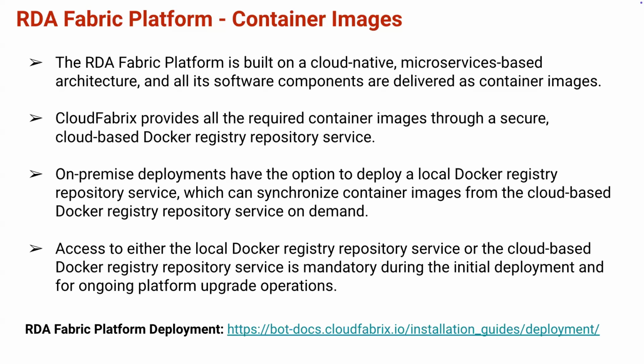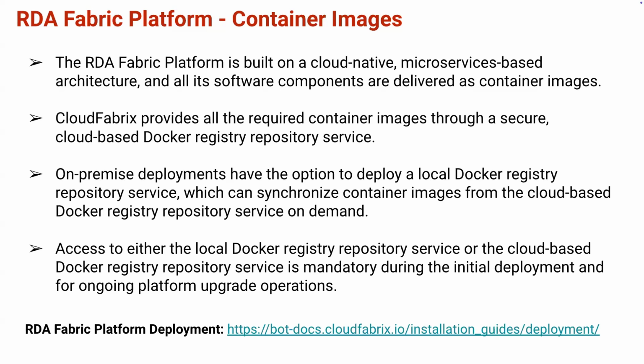When we deploy in a production environment, especially on-premise, there is an option to deploy a local Docker registry repository service, which can synchronize all of the container images from our centralized, cloud-based Docker registry repository service.